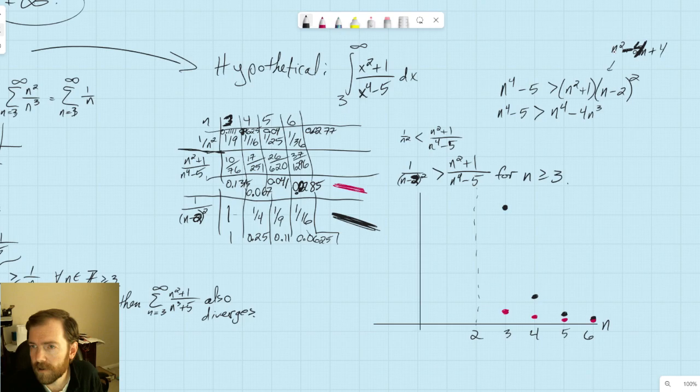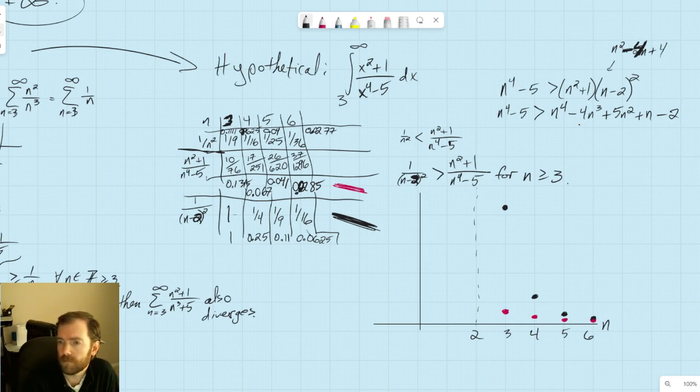We get an n squared out of multiplying this one by the constant, so that's going to be a positive 4, and multiplying this one by that constant, which is a 1. So positive 4 plus 1 is going to be a positive 5n squared. Okay, linear term, we're going to get n, and then minus 2. All right, so those are all the coefficients that we're going to get for that thing.